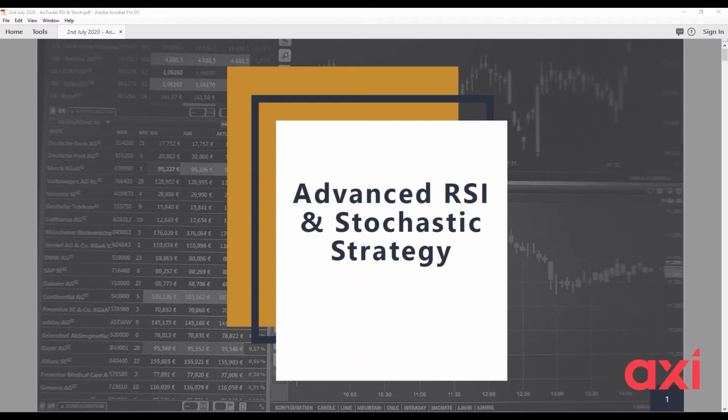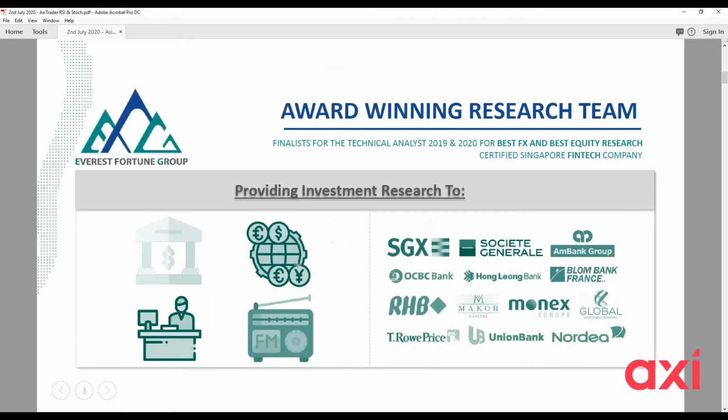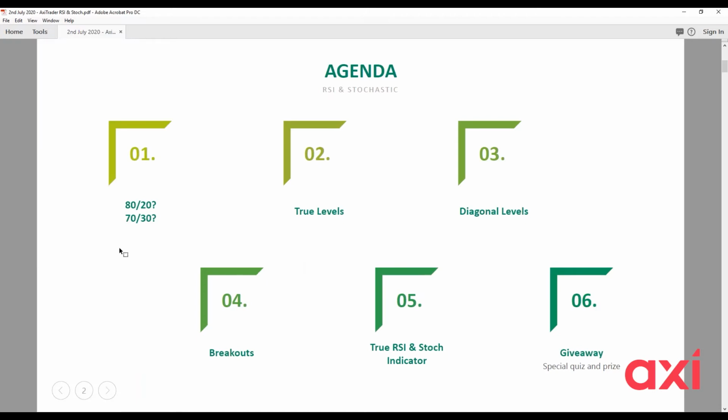Now, the agenda for today. RSI and stochastic, 80-20, 70-30: who uses it? Second thing I want to focus on are true RSI and true stochastic levels. These are what I call hidden levels on stochastic and RSI.